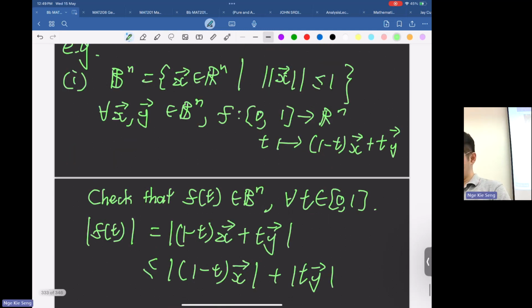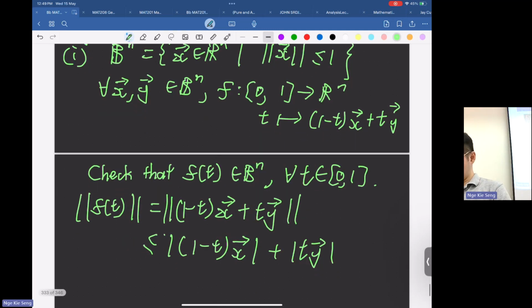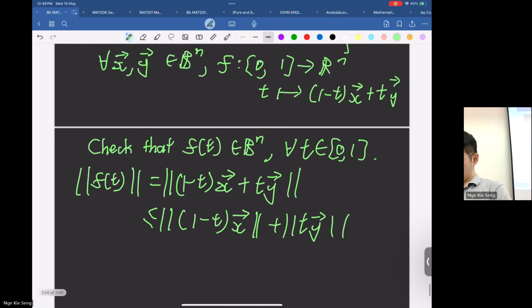We use double bar, single bar or double bar? Let's use double bar then, so I don't confuse it with the usual one. Okay, and then we can further bring our inequality into it. This is the scalar property of the norm.